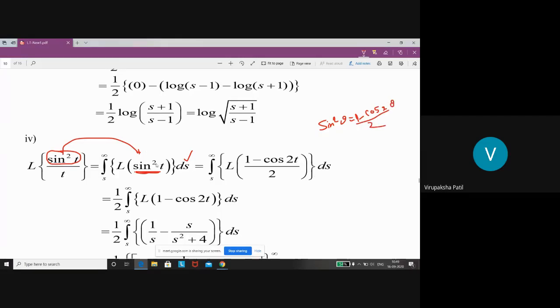In place of theta we have t here, using that you can write this as integration s to infinity of 1 minus cos 2t divided by 2. Okay, is this clear? It's converted here.